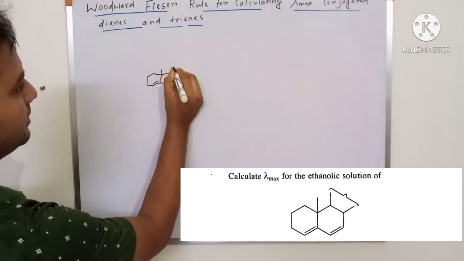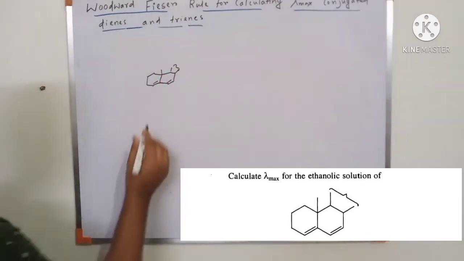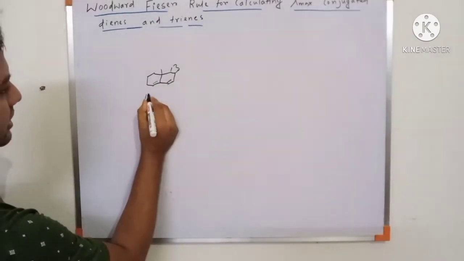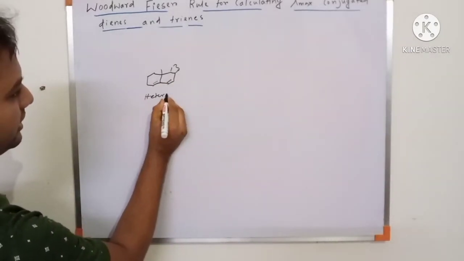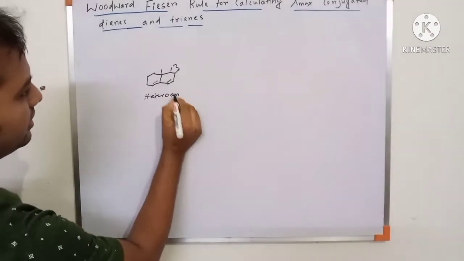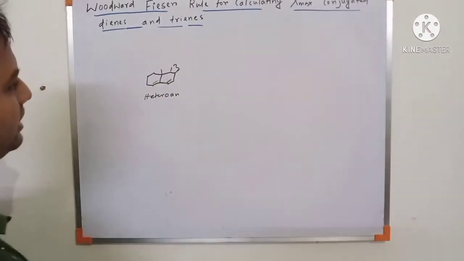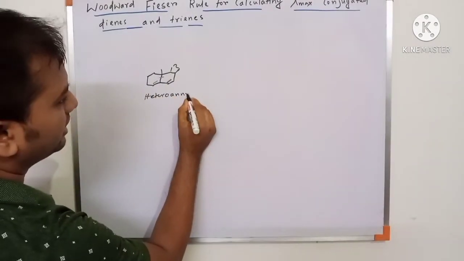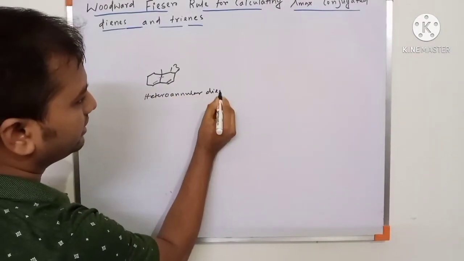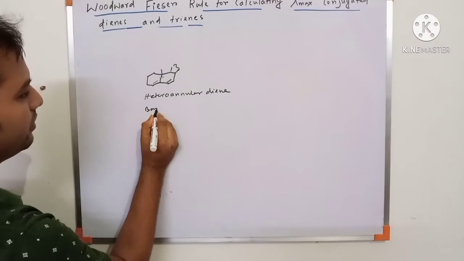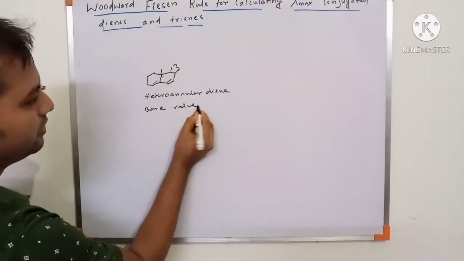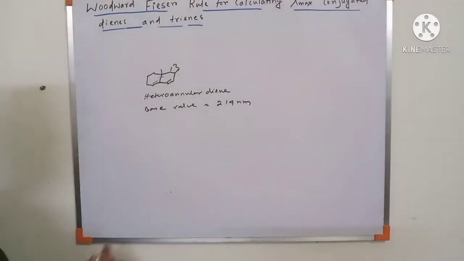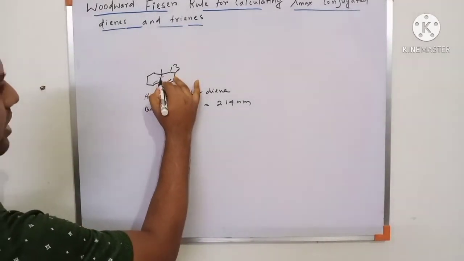Example 3. First, this is heteroannular diene, because the double bonds are not present in the same ring. The base value for heteroannular diene is 214 nanometer, and there is one exocyclic bond.